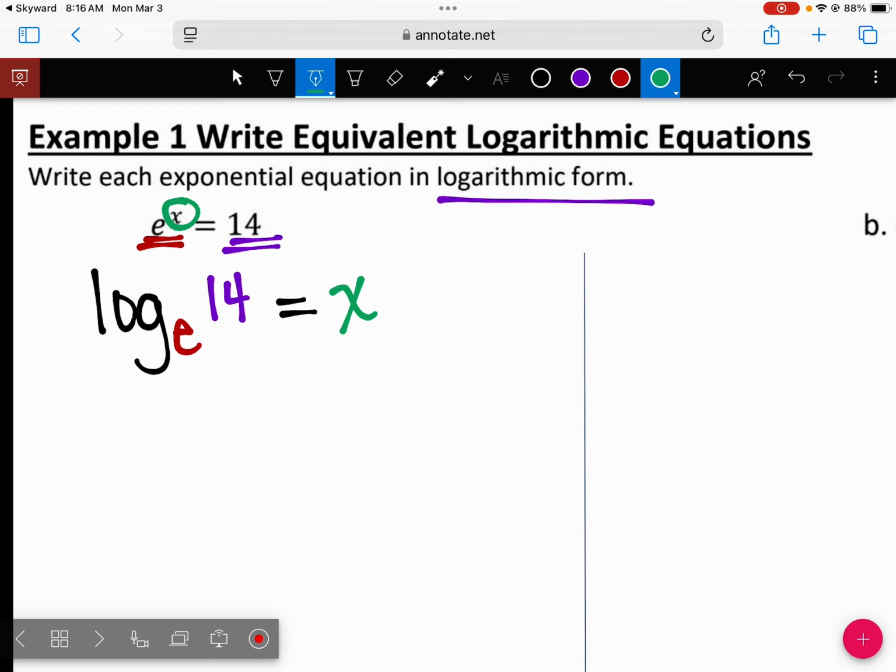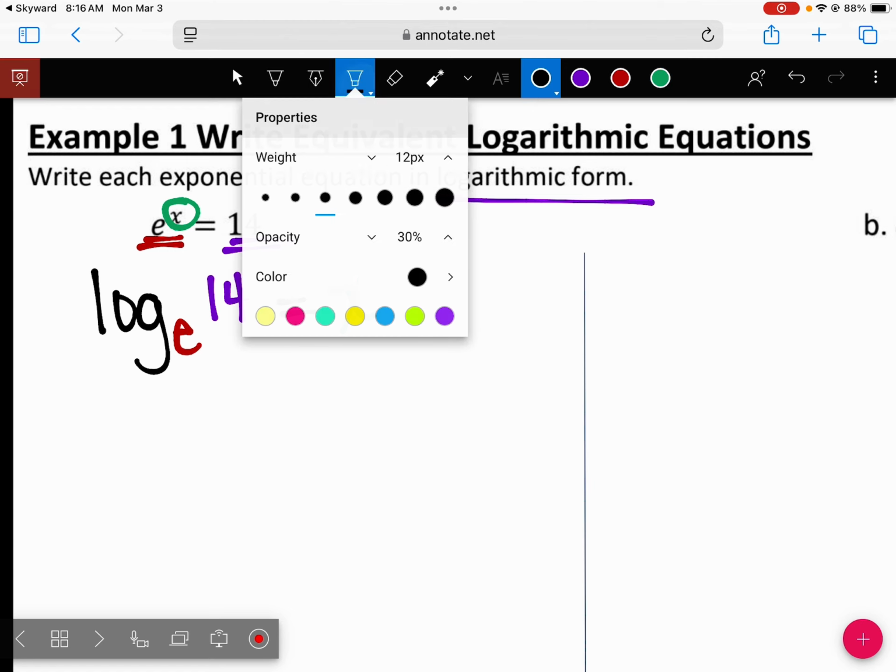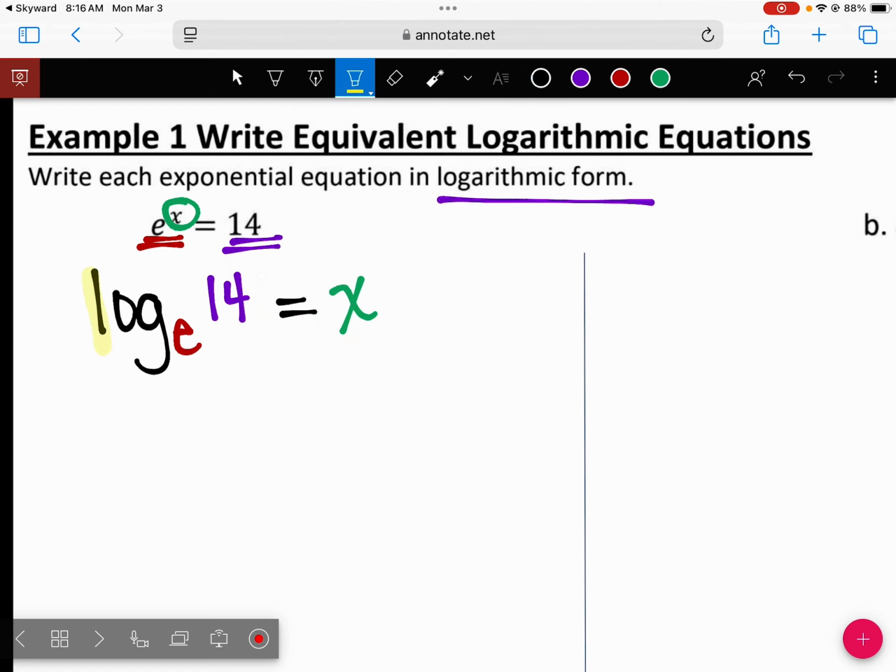Now, the new thing to remember is that anytime you have a log with the base e, it actually is a natural log. So we're going to change that to ln. A log base e is a natural log. So your final answer would be natural log of 14 equals x.